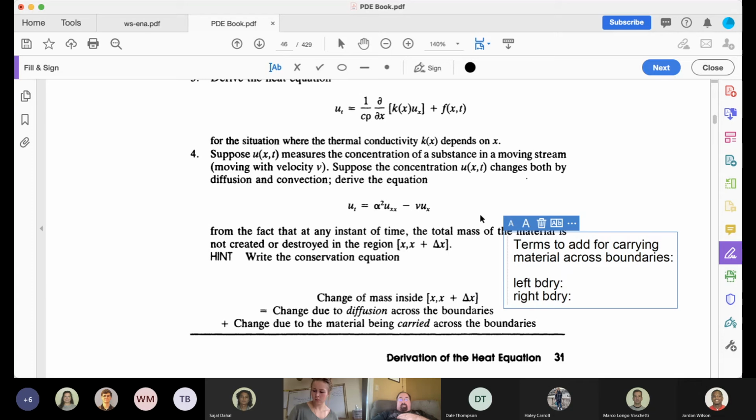Keep in mind that velocity is directional, and it's material being carried across the boundary.